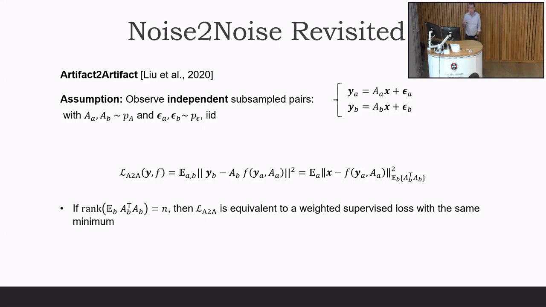So we see that if that expectation is full rank, so if expectation of AB transpose AB is N, then we have essentially a weighted supervised loss that is equivalent to the standard supervised loss and will have the same minimum when we optimize.